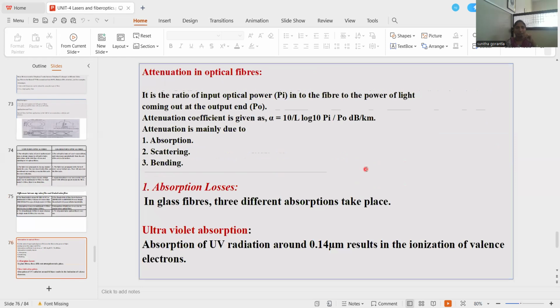Now see the attenuation in optical fibers. It is the ratio of input optical power into the fiber to the power of light coming out at the output end.